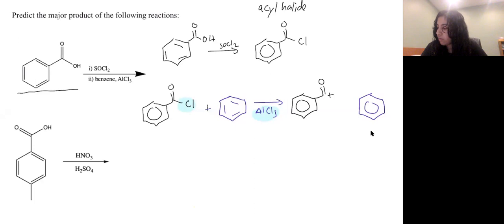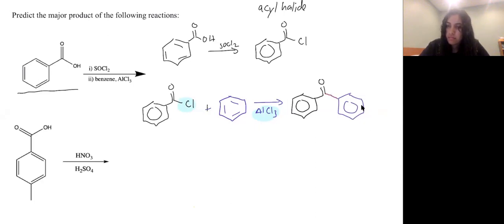I just draw a bond right to the carbocation, and then that's your answer. So the reagents were out of order, but we still got all the reagents necessary for a Friedel-Crafts acylation.